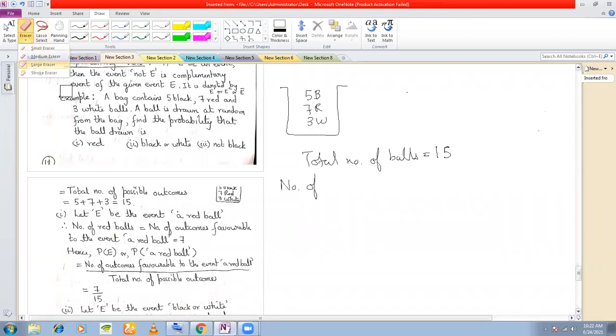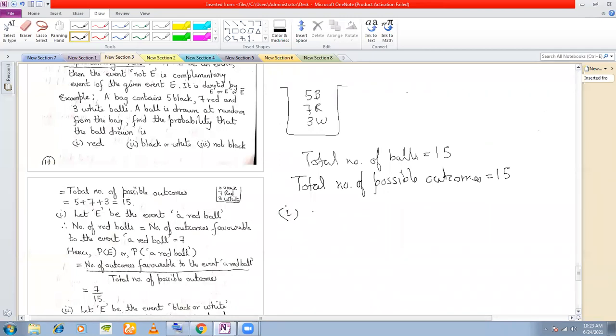Because you are drawing one ball, the total number of possible outcomes will be 15. So your denominator will be 15 definitely, right? The question is the ball drawn is red. So P(red), the probability of getting a red ball. How many red balls? 7 red balls, and the total number of balls is 15. So the probability of a red ball is 7 by 15.